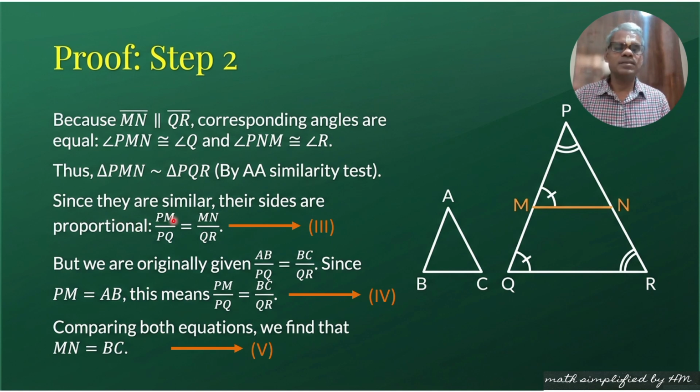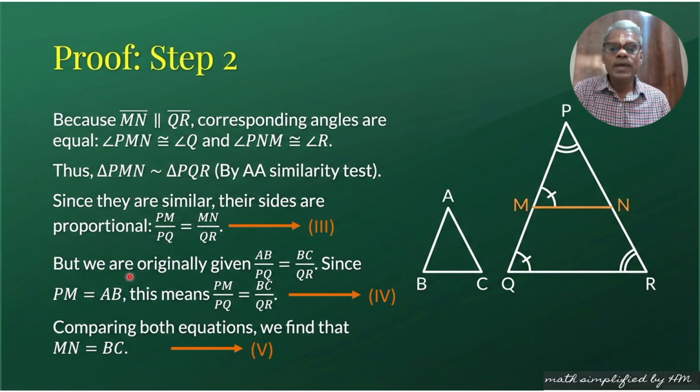Since they are similar, their sides are proportional. So we get PM upon PQ is equal to MN upon QR. Name this equation as 3.